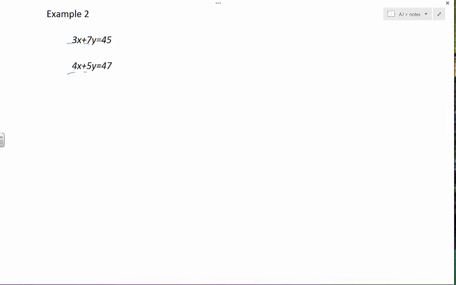So we're going to scale it up to make the x's the same. So we're going to multiply this first equation by 4 and this second equation throughout by 3, so that we have 12x in both sets of equations. Now we have 12x in both, we can see 12x plus 28y is 180 and 12x plus 15y is 141.